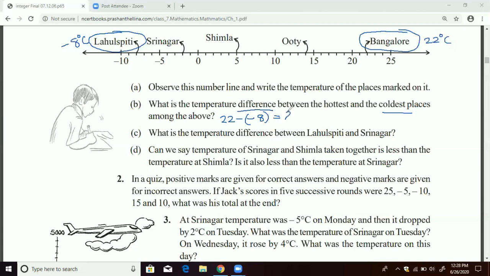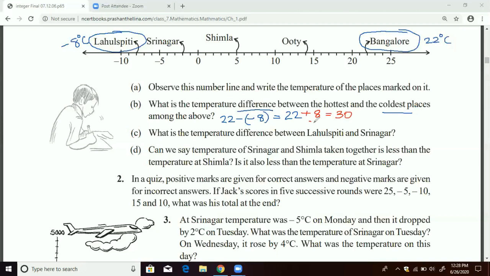So instead of this negative sign, you can write a positive sign. At the same time, the second number you have to change with its additive inverse. The additive inverse of -8 is +8. So 22 minus -8 we can write as 22 plus 8. The answer becomes 30.